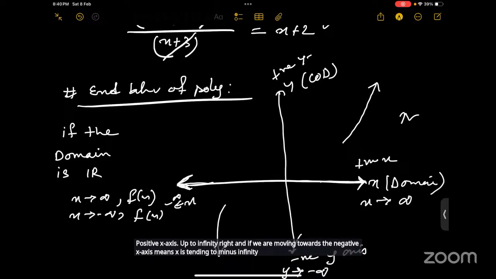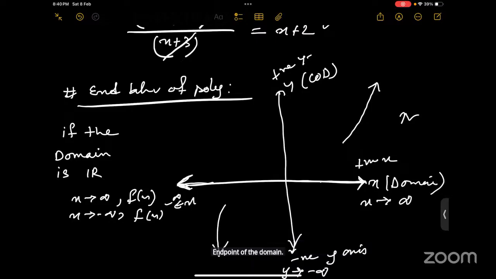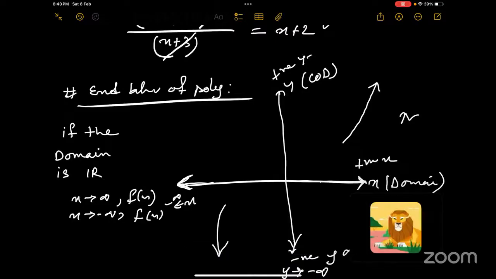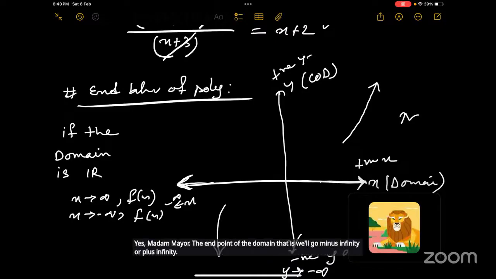End behavior means we have to check the behavior of the function when we take the endpoints of the domain. Is it clear? Yes, madam. The endpoint of the domain will go to minus infinity or plus infinity on the x side.